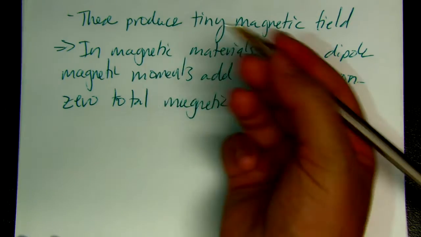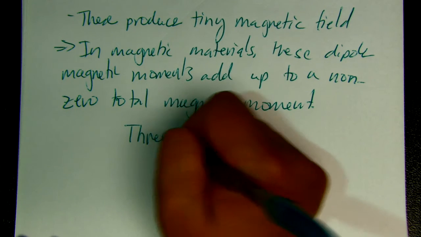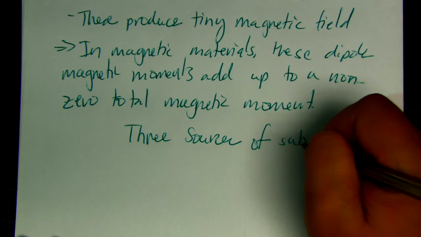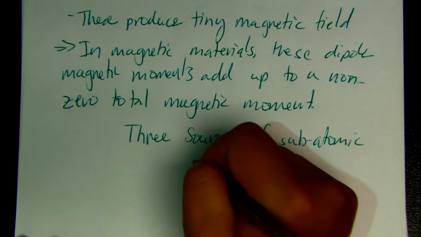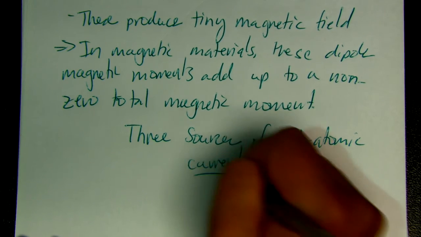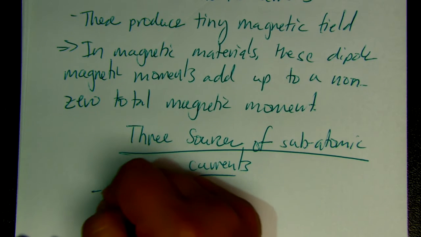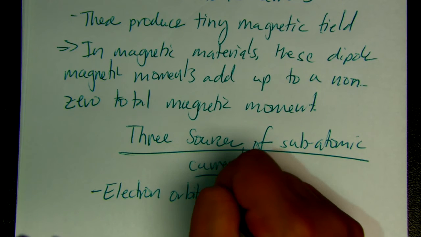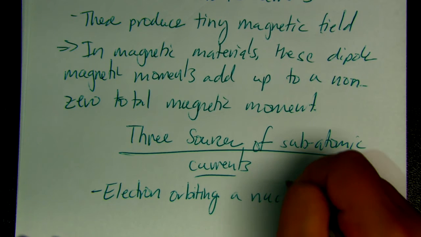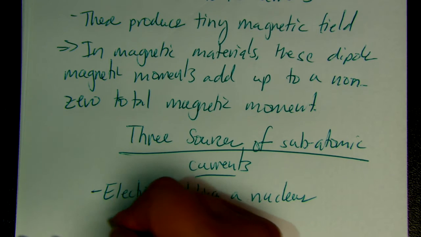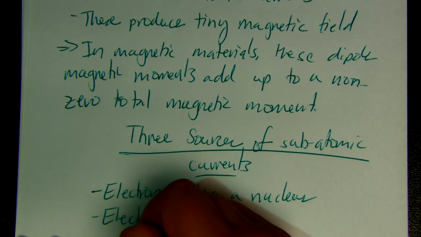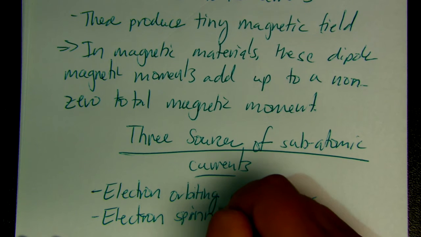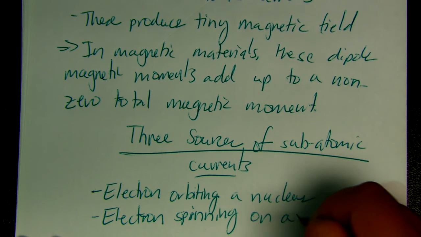All right, so there are three sources of currents. You could have an electron orbiting a nucleus. You could have an electron spinning on its axis.